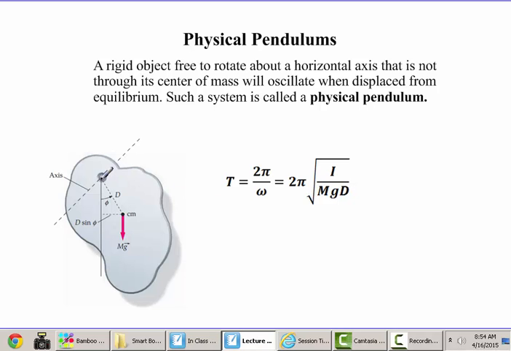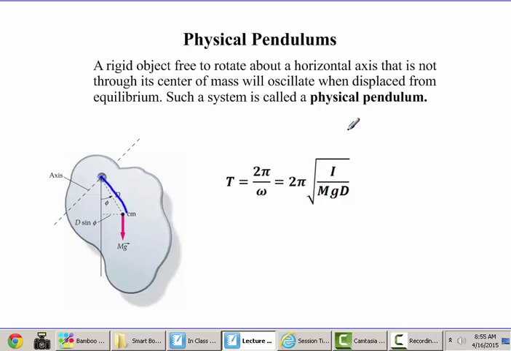And d is the distance from here to the center of mass, so you need to find the center of mass. When I looked through old AP exams, I found one instance of a problem like this, but they gave you the equation for period, and I think they gave you the inertia. They didn't make you calculate inertia and all that.